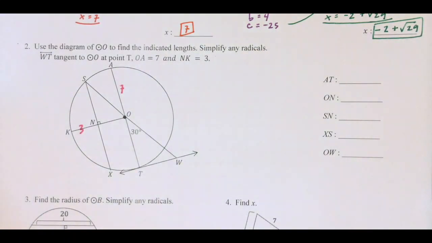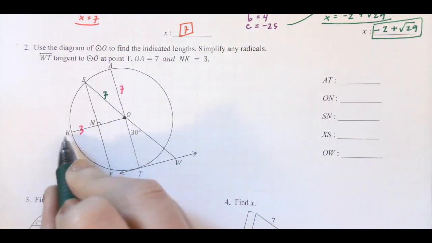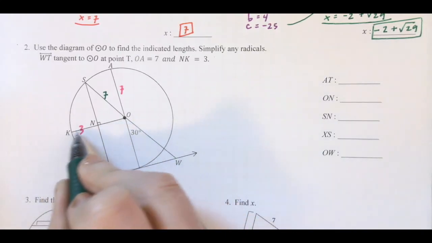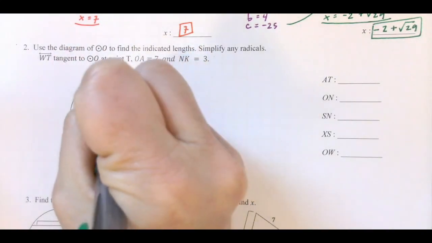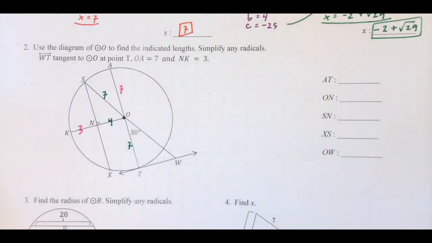So really what that's giving me to build off of is that a radius is 7. So I must have a 7 here. This radius must be 7. So if this is in total 7, this must be 4 right here. This must be 7 right there.